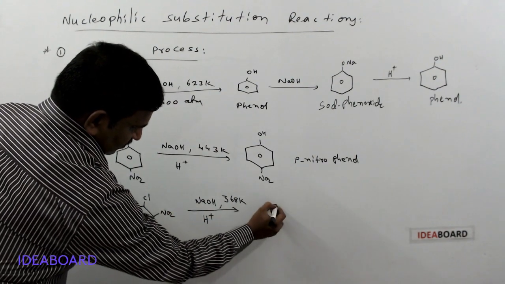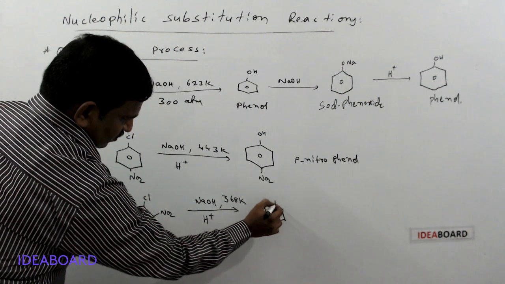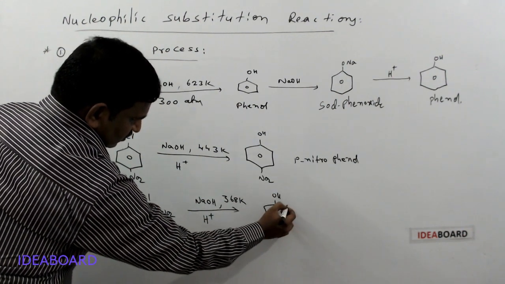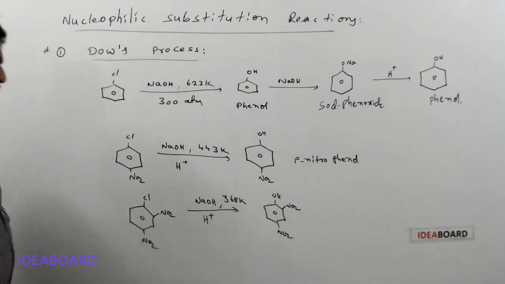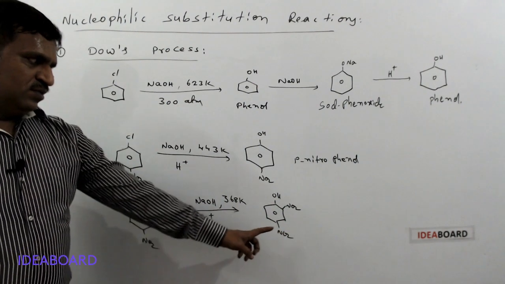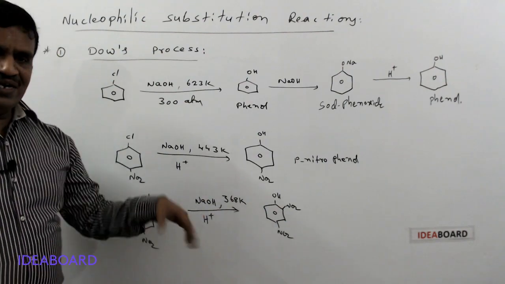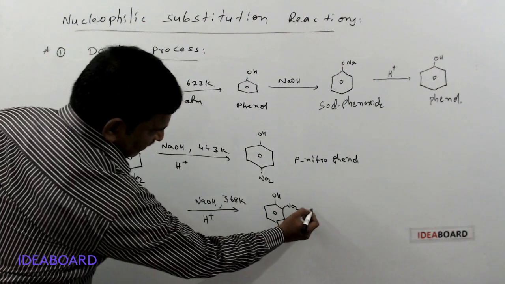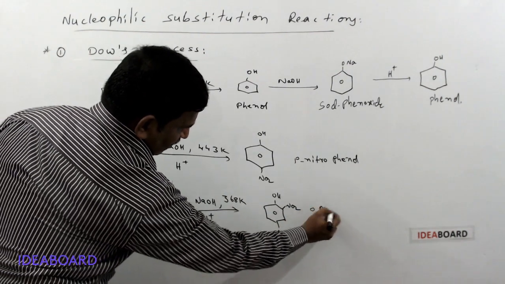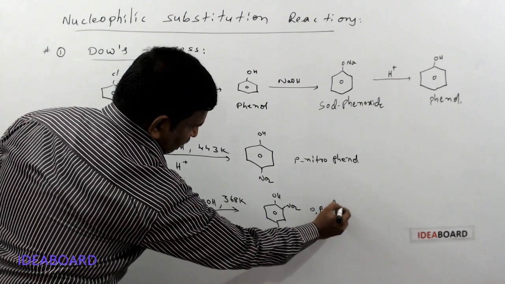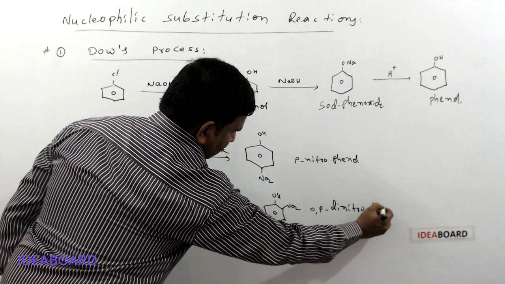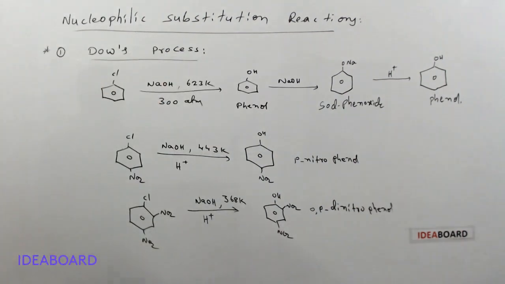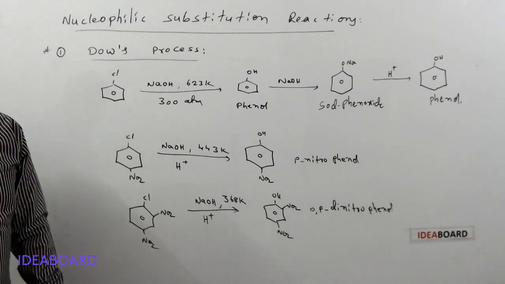It forms OH, and this is NO2, and here again NO2. So it is called orthoparadinitrophenol. We can write orthoparadinitrophenol.